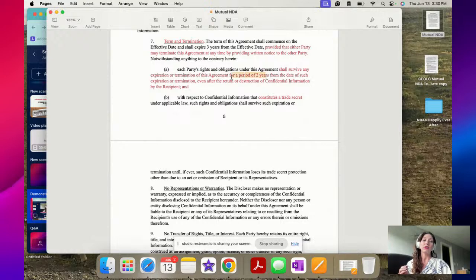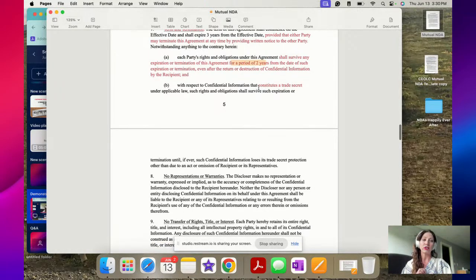This one has survival of 2 years, but it does not require return or destruction, and it doesn't require the certificate of return and destruction. Where the other one, instead of it surviving, said, hey, you have to return everything and you have to certify. So they're both going to have a very similar impact, but they go about it in two different ways.